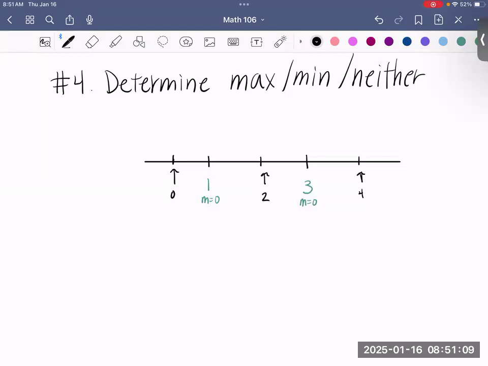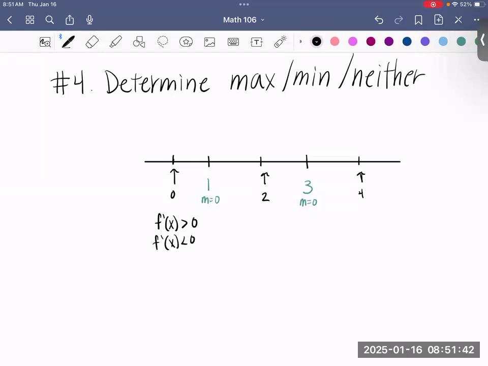So in order to determine whether we have a max or min, one more time. In order to determine if we're a max or min, we're looking to see if your first derivative is greater than 0, less than 0.